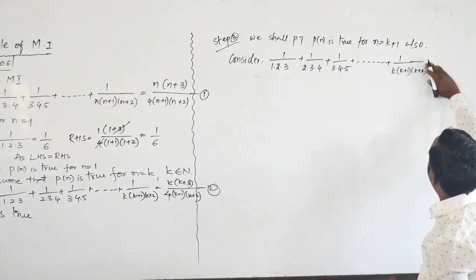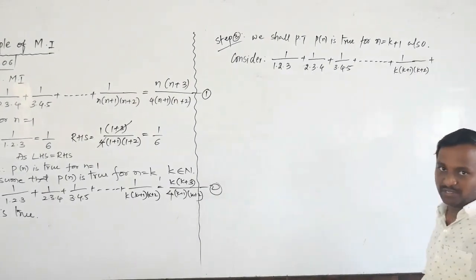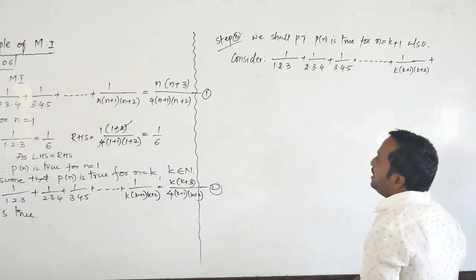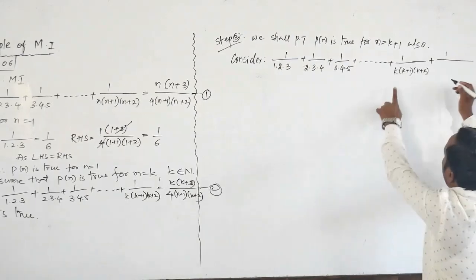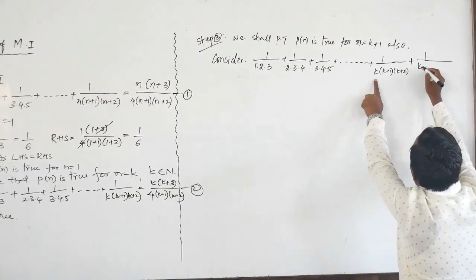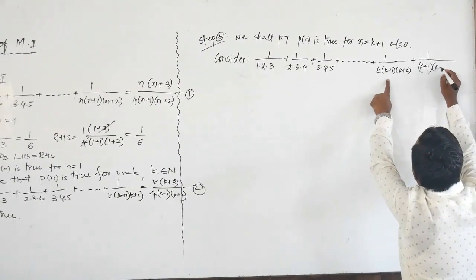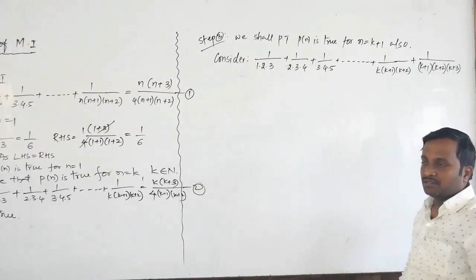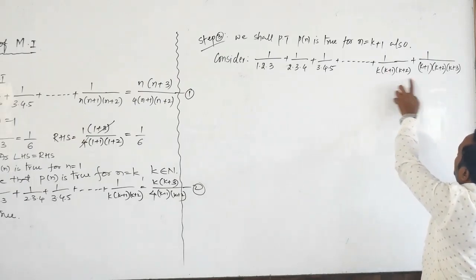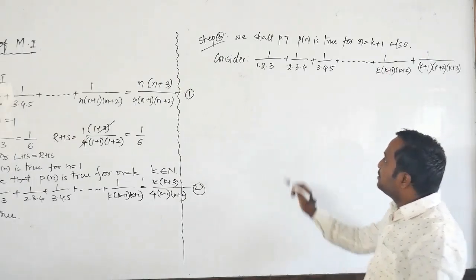Next term is, n becomes k plus 1, so replace k with k plus 1. You can guess the answer. Next term is 1 by k plus 1 into k plus 2 into k plus 3.